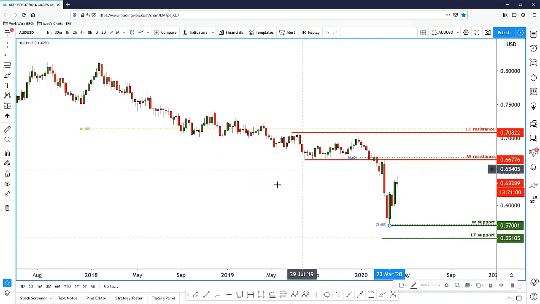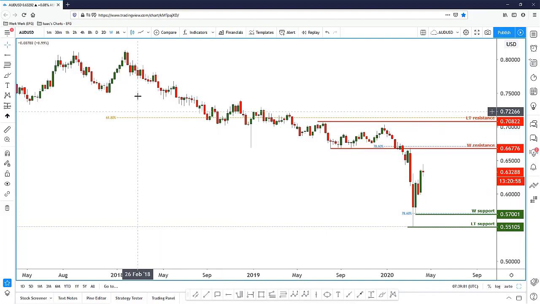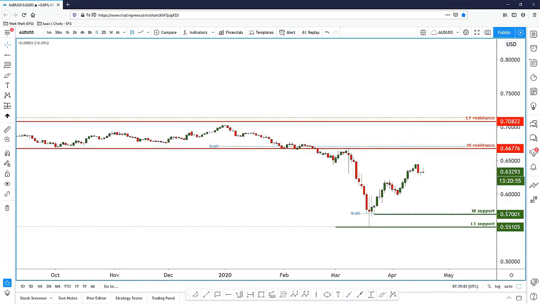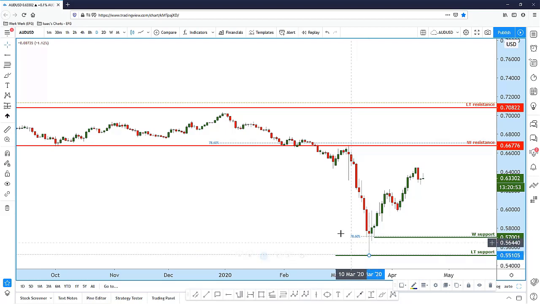Now that we have our weekly support and weekly resistance, let's go down to the daily. Now give me a moment as I tidy this up for you guys.